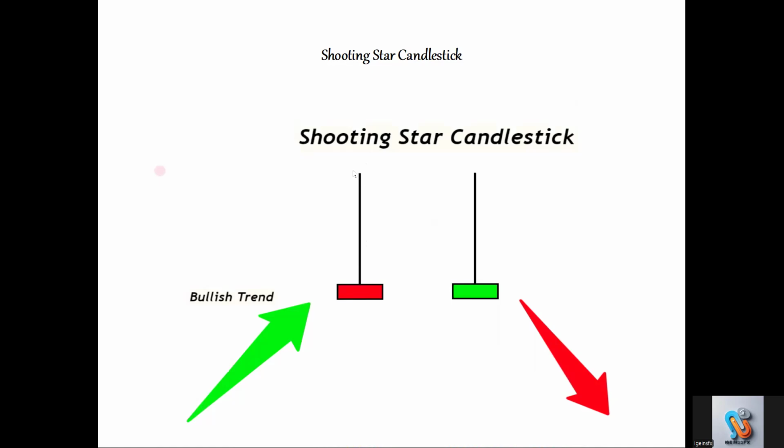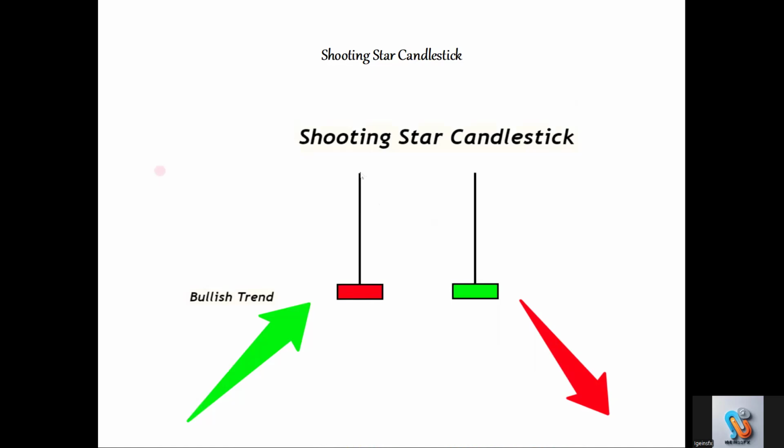Sellers entered. They were waiting patiently for price to get to this point. Immediately price got here, they entered and started pushing the price. Once you see this at a resistance level, you know that sellers are in the market. They are crazily pushing the price down.